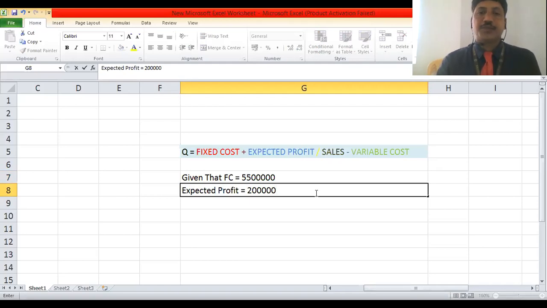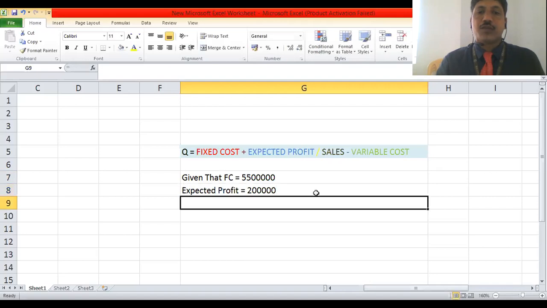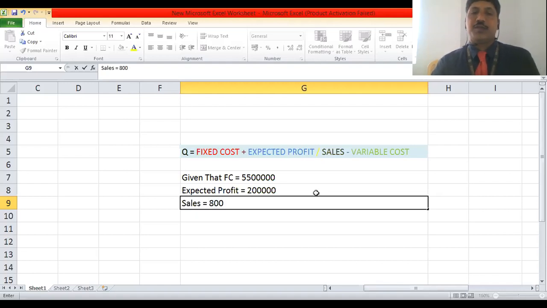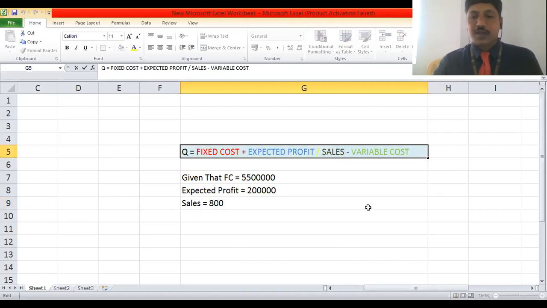And next, sales price per unit was given as 800. This is not sales, this is sales price per unit.